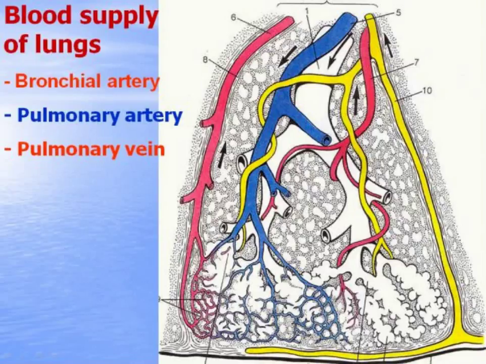And these yellow vessels are lymphatic capillaries and vessels which collect lymph from the lungs.